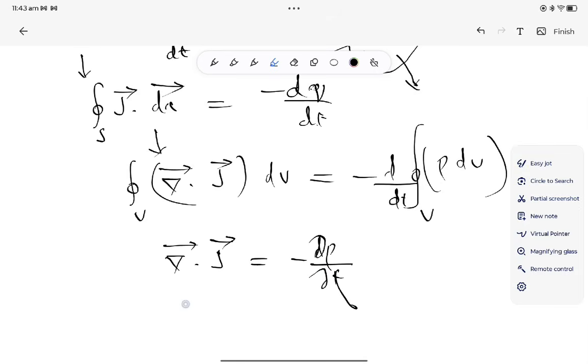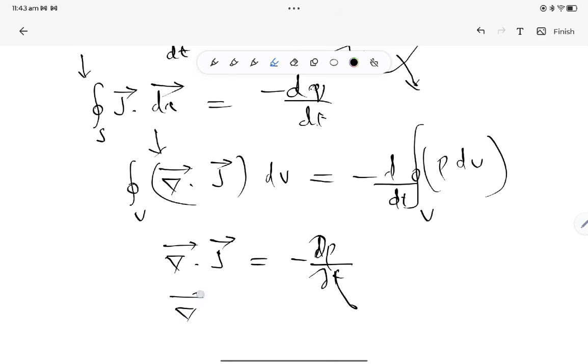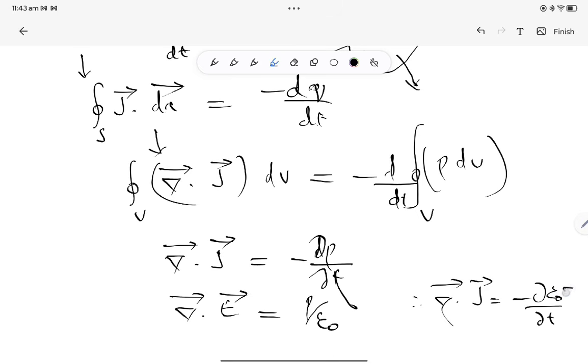But as far as rho is concerned, we can use Gauss's law for this. We have Gauss's law, del dot E in differential form. Del dot E is equal to rho by epsilon naught. By cross multiplication, you can then write del dot J is equal to minus del by del t of epsilon naught del dot E.